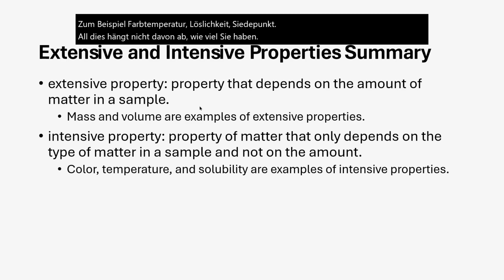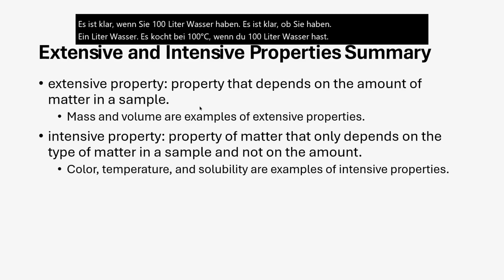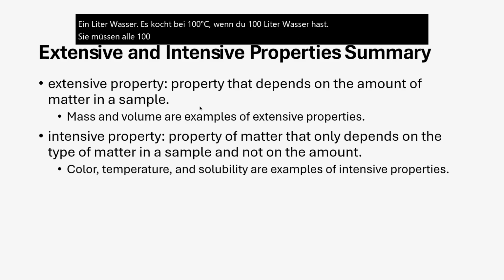If you have 1 liter of water, it is clear. If you have 100 liters of water, it is clear. If you have 1 liter of water, it boils at 100 degrees Celsius. If you have 100 liters of water, you have to heat all 100 liters up to 100 degrees Celsius before it boils.